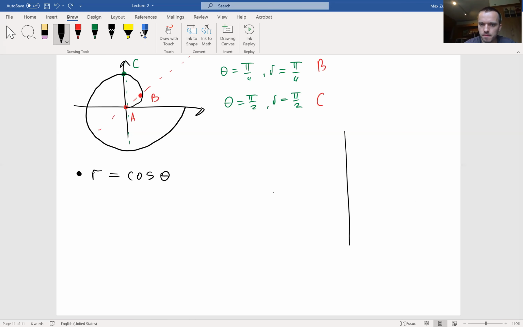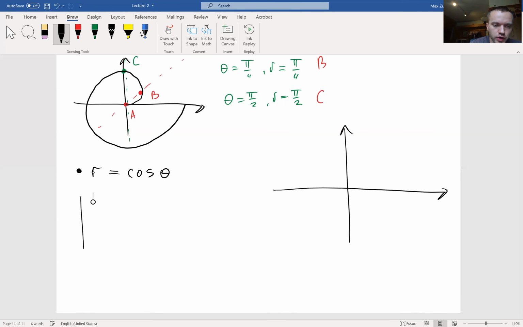Let's see. Remember, during our first lecture, I said it's important to understand different functions, and probably the only place where you need to know the graph of the cosine function is in this section. The way I like to sketch trig functions is to sketch their graphs in Cartesian coordinates.